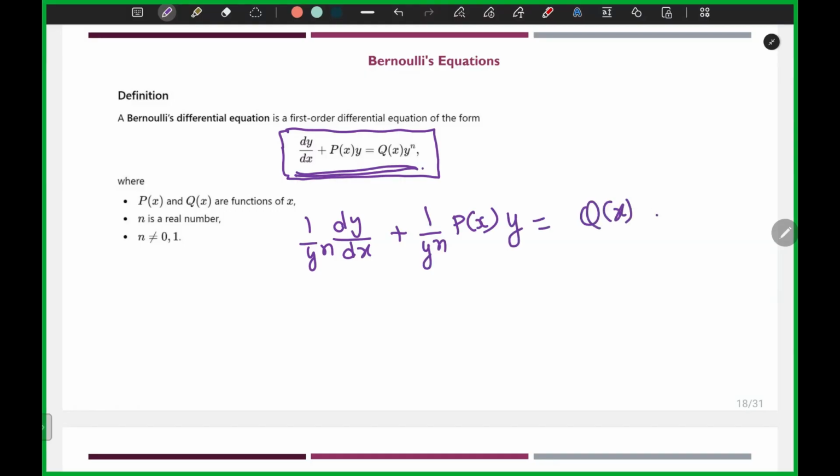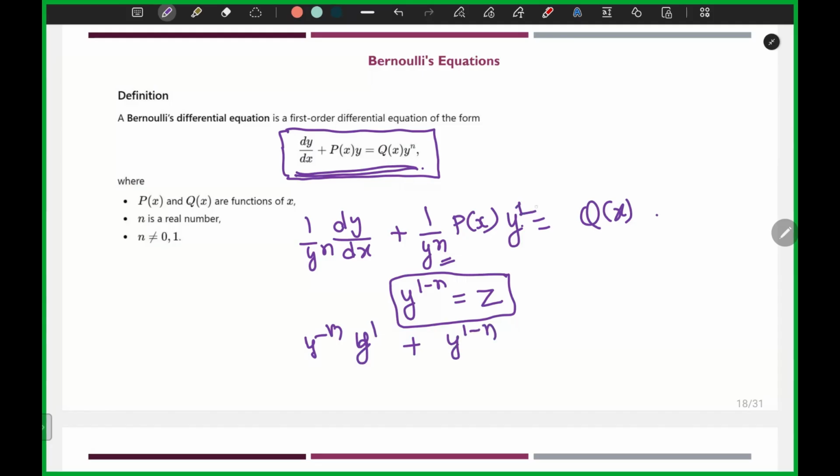And then we will substitute y to the power 1 minus n equals z. So here it is y to the power minus n y dash plus y to the power 1 minus n P(x) equals Q(x).